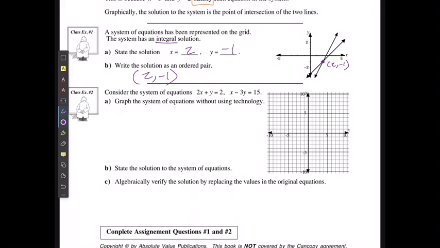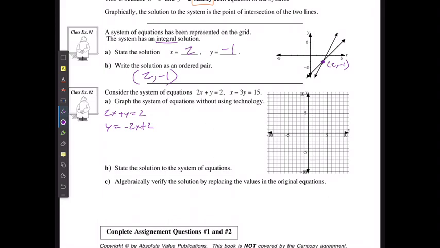If I consider the system of equations 2x plus y is equal to 2 and x minus 3y is equal to 15, then I'm going to isolate y in both equations. 2x plus y is equal to 2, which means that y would equal negative 2x plus 2. And I'm going to graph that out.